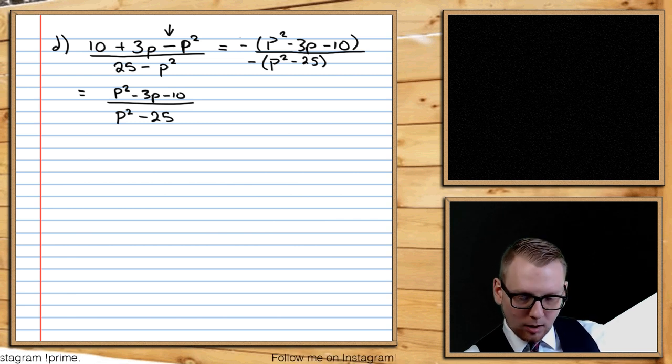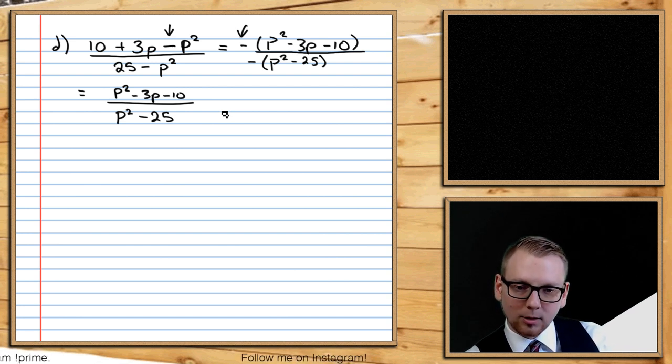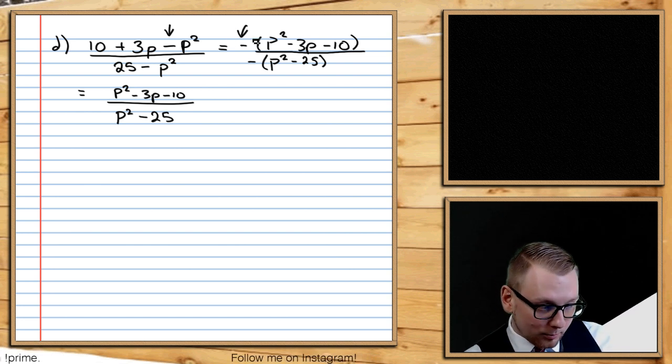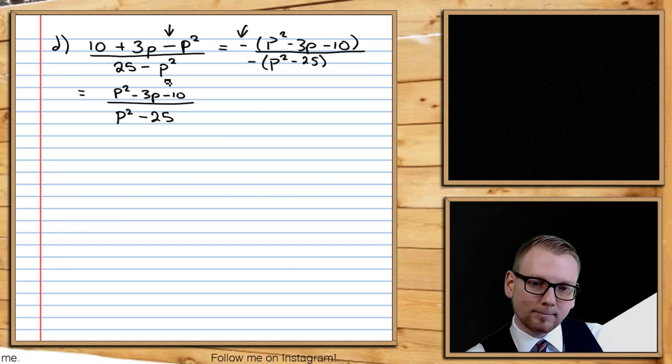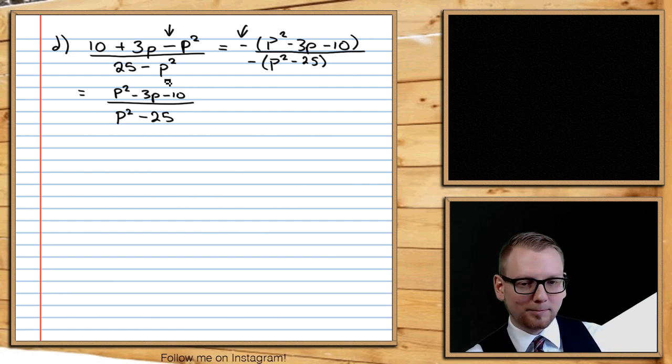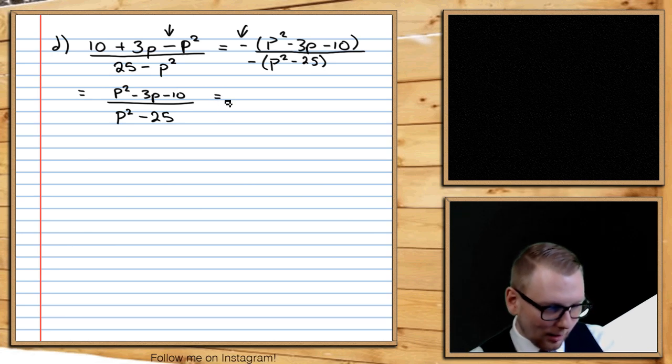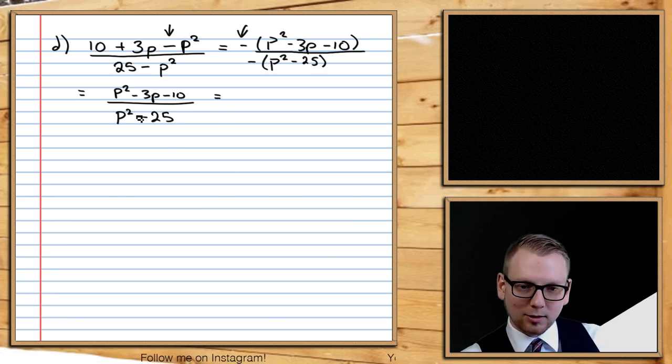Yeah, I changed the signs because I took out a minus 1 from the top and from the bottom. If I multiplied it back through, I would get the original. Okay, cool. Now factor the numerator and the denominator.